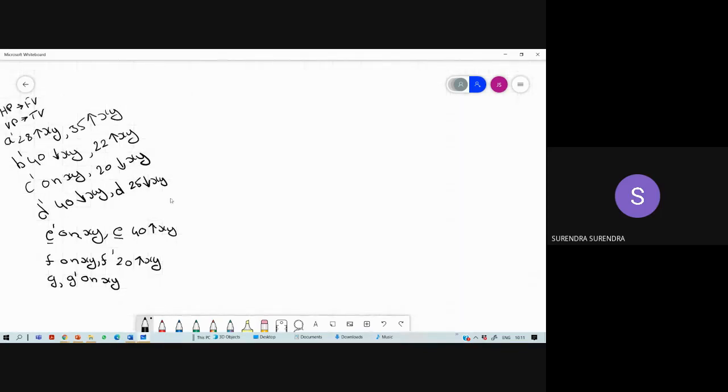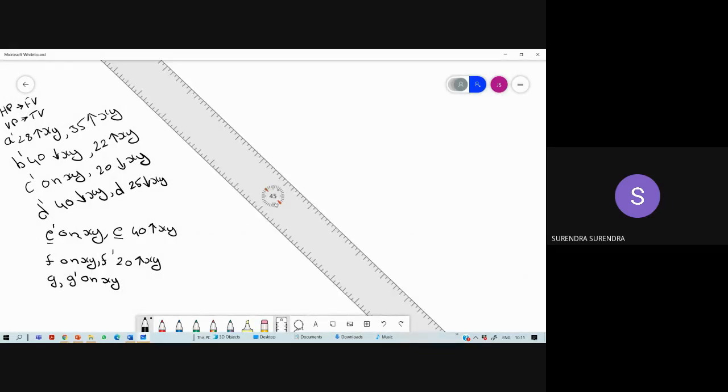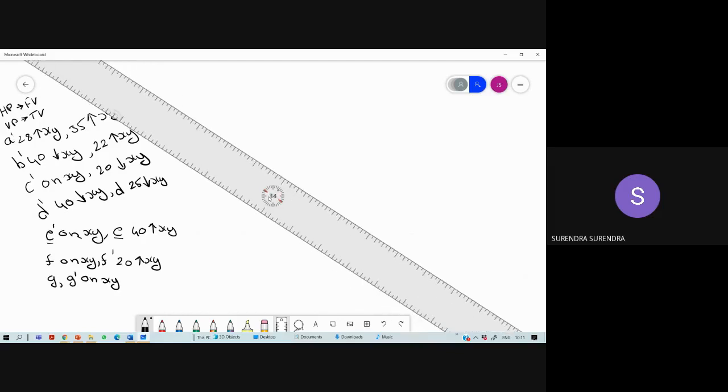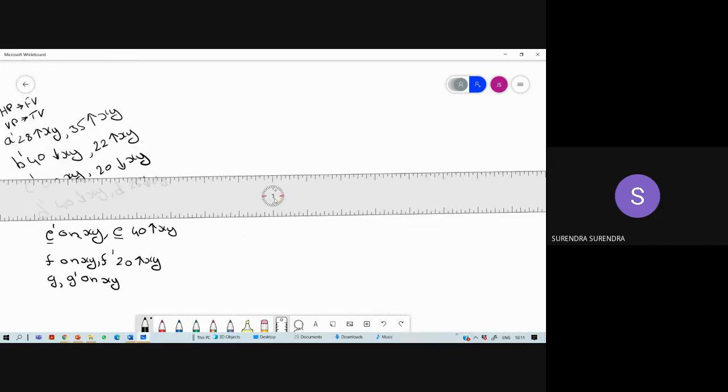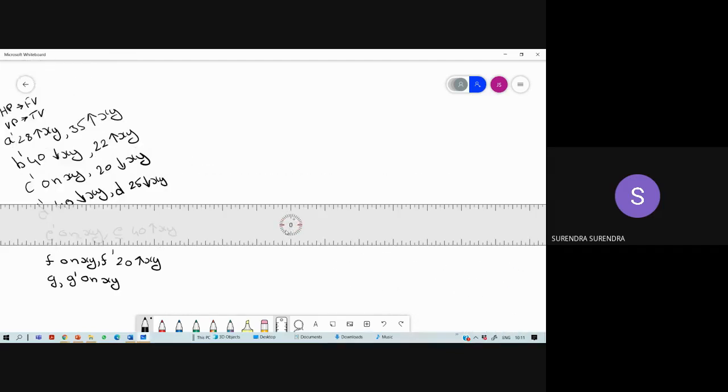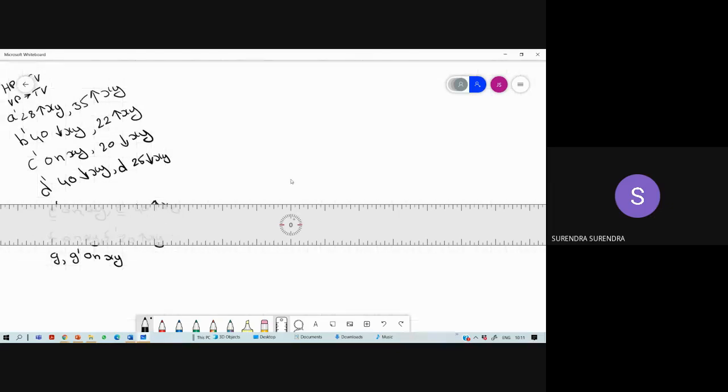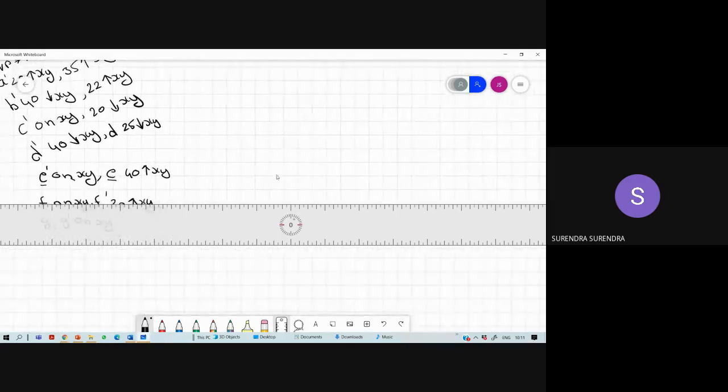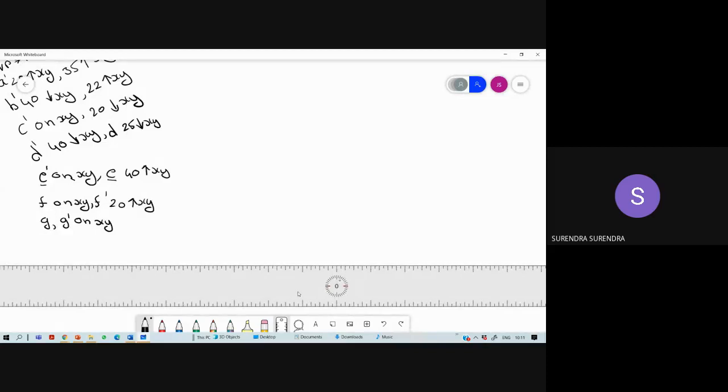Now, let us start the problem. How to represent this on drawing sheet. So first, draw XY line. I'm starting here.